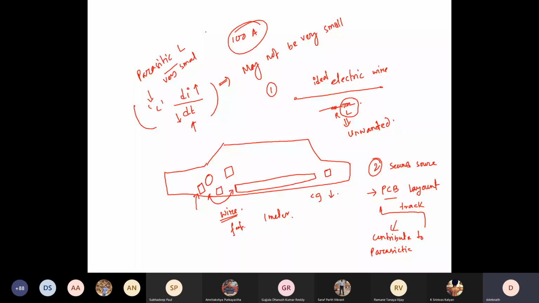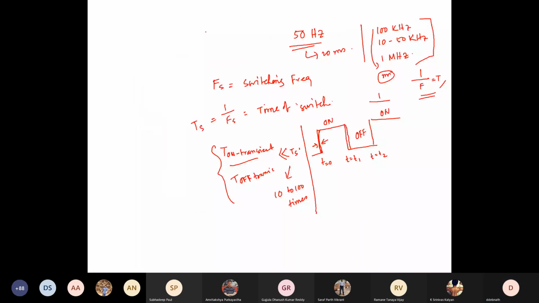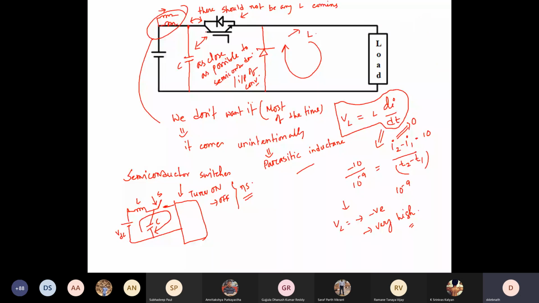Otherwise, all this discussion does not make any sense. You will say, sir, a 1 millihenry or 1 nanohenry inductor, why should I bother about it? I should bother because we are talking about quite a decent amount of voltage, decent amount of current, and very short amount of time. That creates this L di/dt issue very seriously.